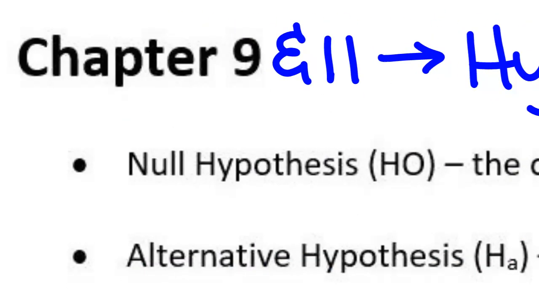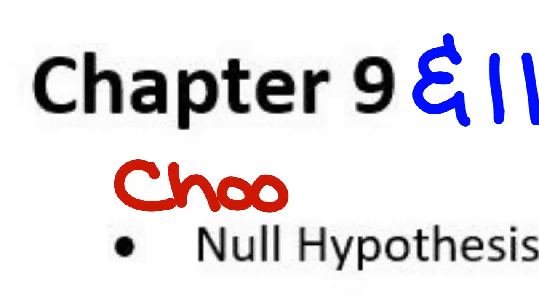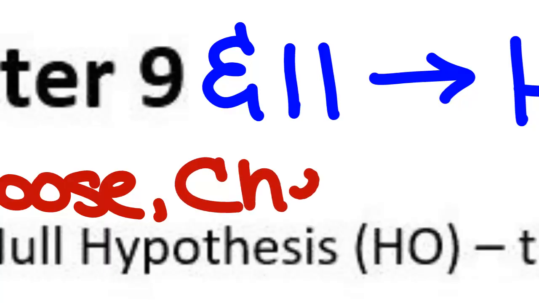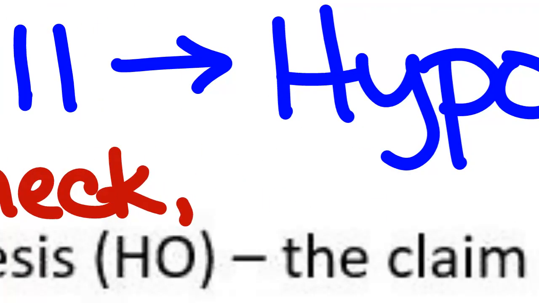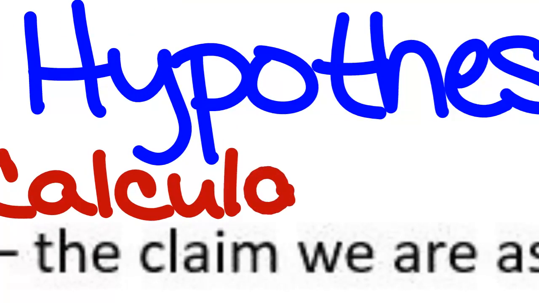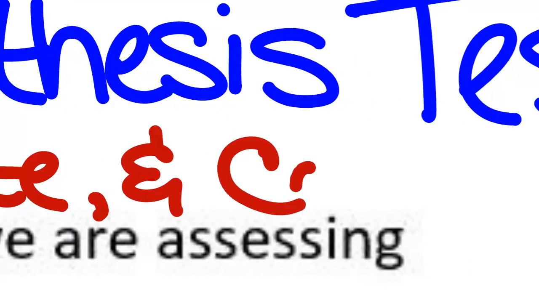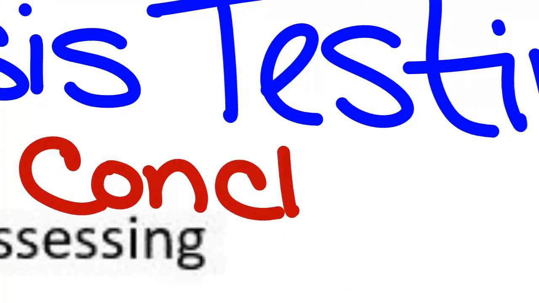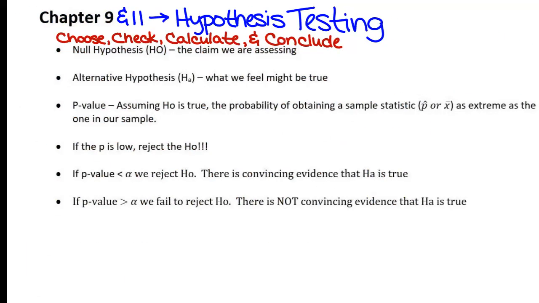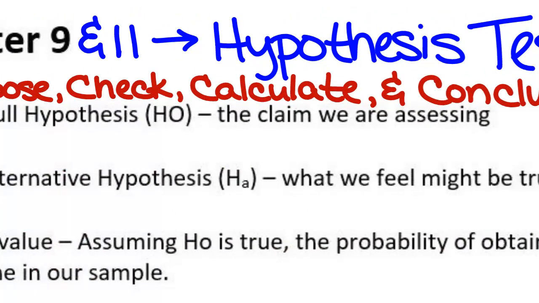Once again, with hypothesis testing, we want to follow the 4 C's. Choose, check, calculate, and conclude. The null hypothesis, H, and then it's not written like that.